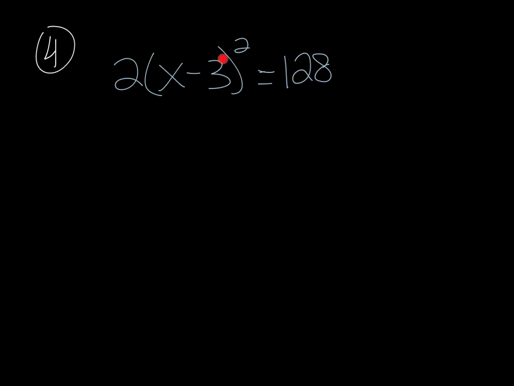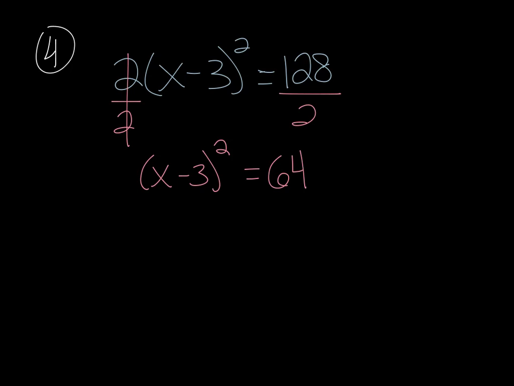And as long as you can isolate what's being squared, you can take the square root. So my first step here would be to divide by 2, and you're left with x minus 3 squared is equal to 64.